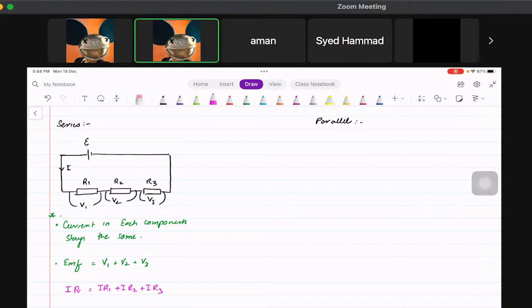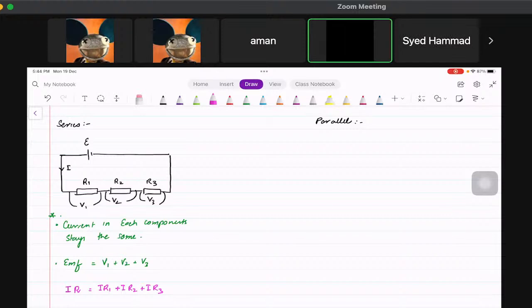The total resistance in series is found by simply adding the resistors in series. So that's what we need to find. Is that clear? Aisha? Yes, sir. Khatija, everything is clear? Khatija, mic? Yes, sir. Okay, good.